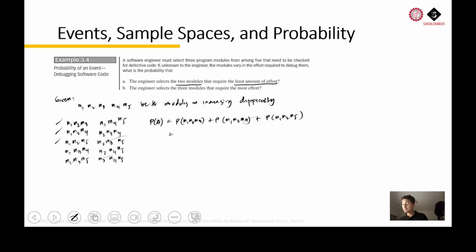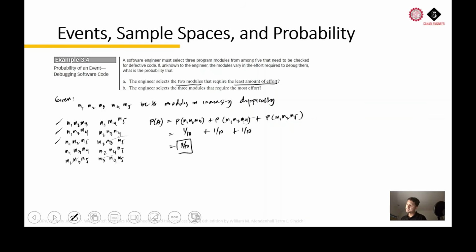Because we assume that all have equal chance of occurring, each is 1/10. Therefore, the answer is 3/10. So there is a 30% chance that the engineer has a module that contains the two easiest modules to debug. We go now to letter B.